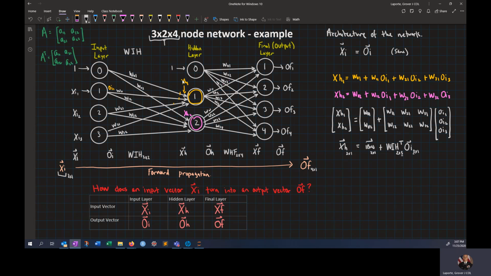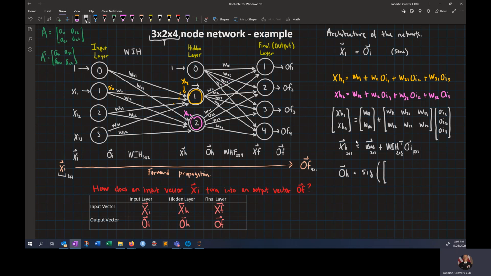So now, once we have this, what do you need to do in order for it to go through these nodes? Remember, we have this activation function that we talked about earlier. If you went back to last video, you would know that, unlike up here where I was just setting them equal, it's no longer that. I have to do an activation function, so the output of the hidden layer is going to be equal to the sigmoid function of each one of these individual components.